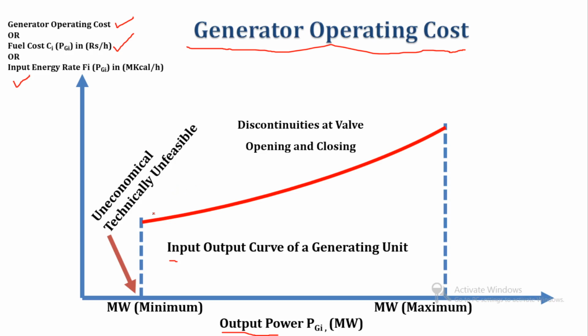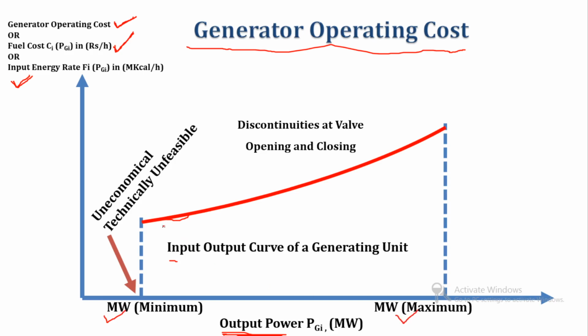This graph shows how the output power varies when compared with operating cost, fuel cost or input energy rate. The graph is non-linear and it has 2 points. First point is megawatt minimum, second point is megawatt maximum.